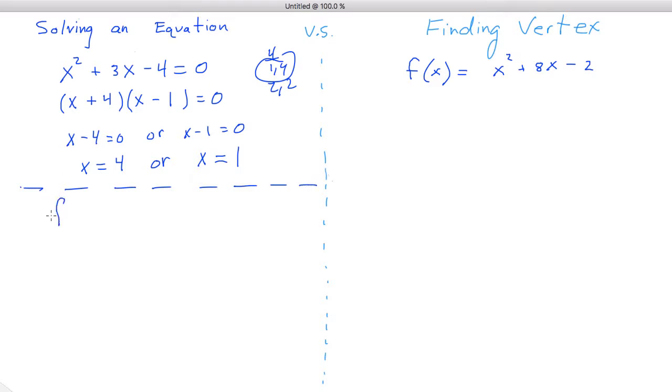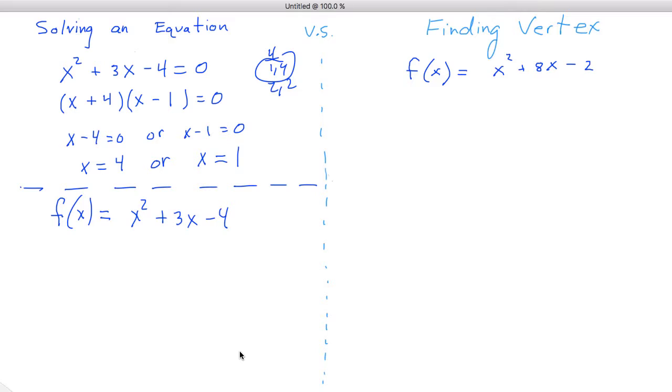You can find a function's domain. You can find a function's range. You can determine where a function is increasing and decreasing. A number of things. You can add functions together, multiply functions. You can find what's called critical points of a function.